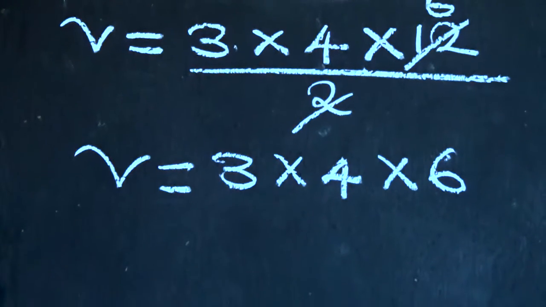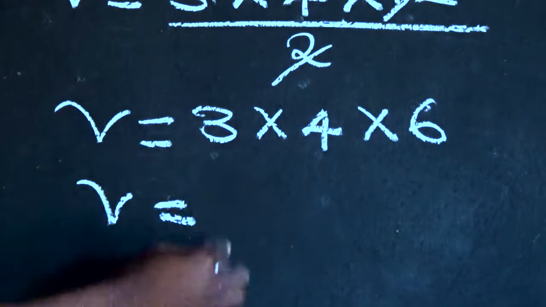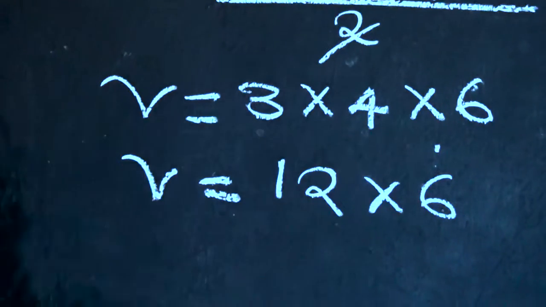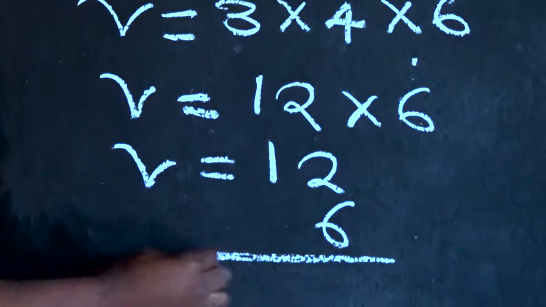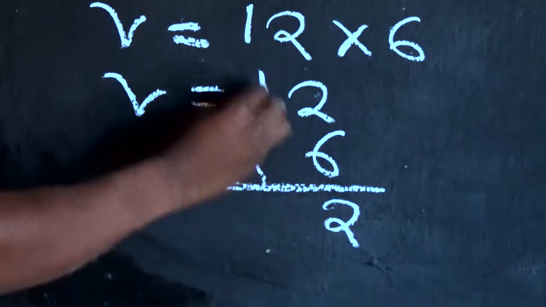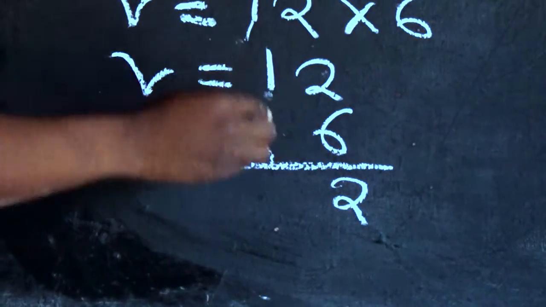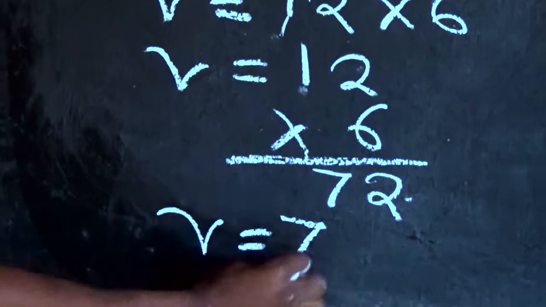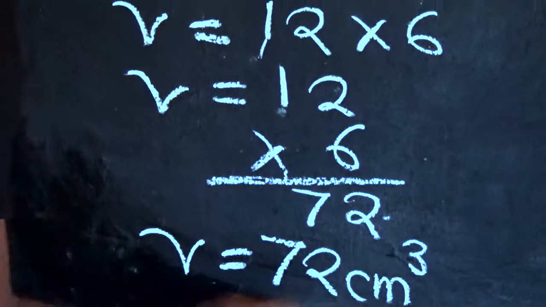Are we together? Then volume is equal to 3 times 4, 12, multiplied by 6. So 6 times 2 is 12, so 2 carry 1. 6 times 1 is 6, plus 1 is 7. Are we together? So our volume is 72 cubic centimeters.